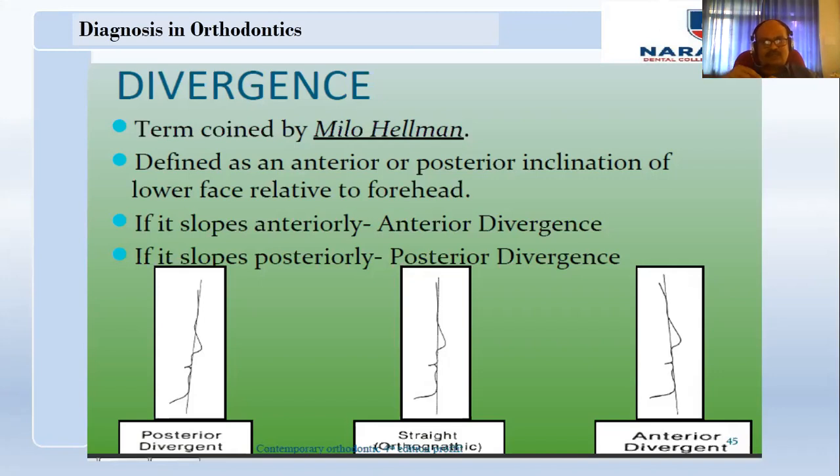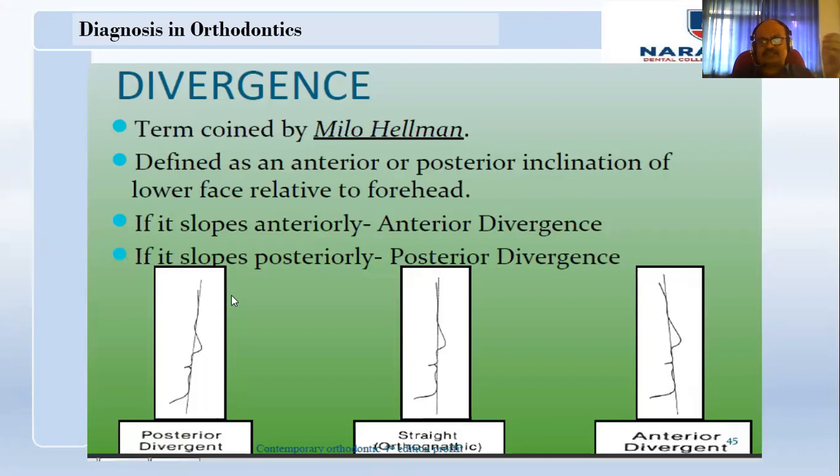Whereas in profile, we try to relate Nasion, point A, and Pogonion, the three points we have taken in profile. So in profile, we cannot clearly say where the problem is. It may be due to a prognathic maxilla or it may be due to a retrognathic mandible in a case of convex profile. So to point out whether this problem is due to the mandible or not, we go for what is called divergence.